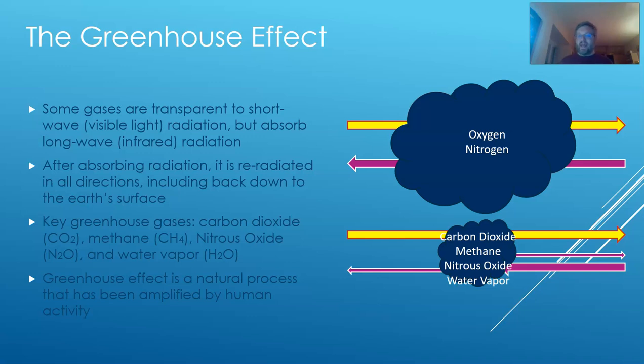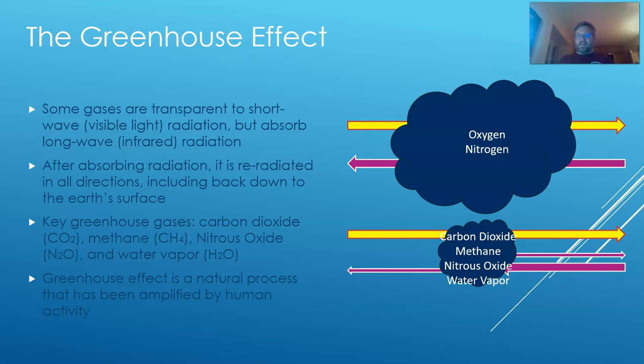But some other gases that are in our atmosphere are transparent to that shortwave visible light radiation coming in. So they'll let all the insolation come right in to the surface of the Earth, but they are not fully transparent to that longer wave radiation. So as the radiation is coming back out from the Earth, it will get absorbed by these gases and re-radiated, some back down to the Earth, some out into space.